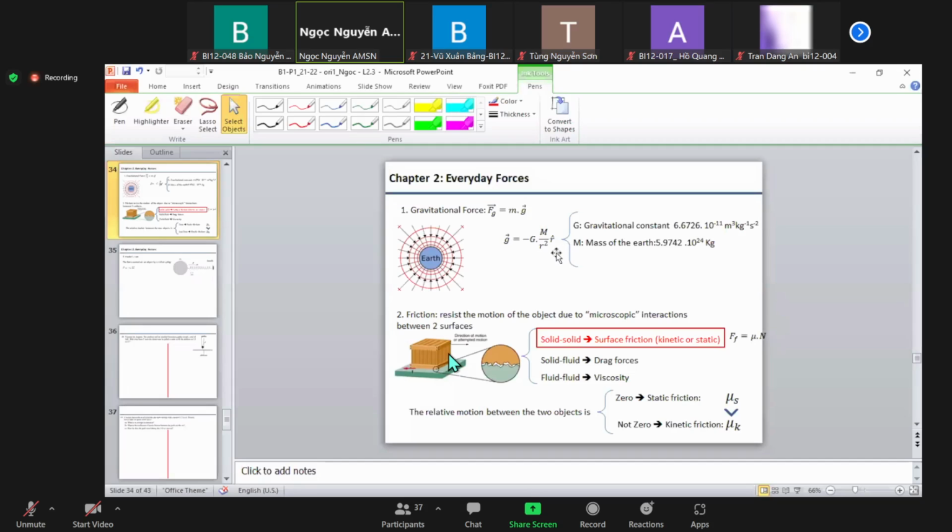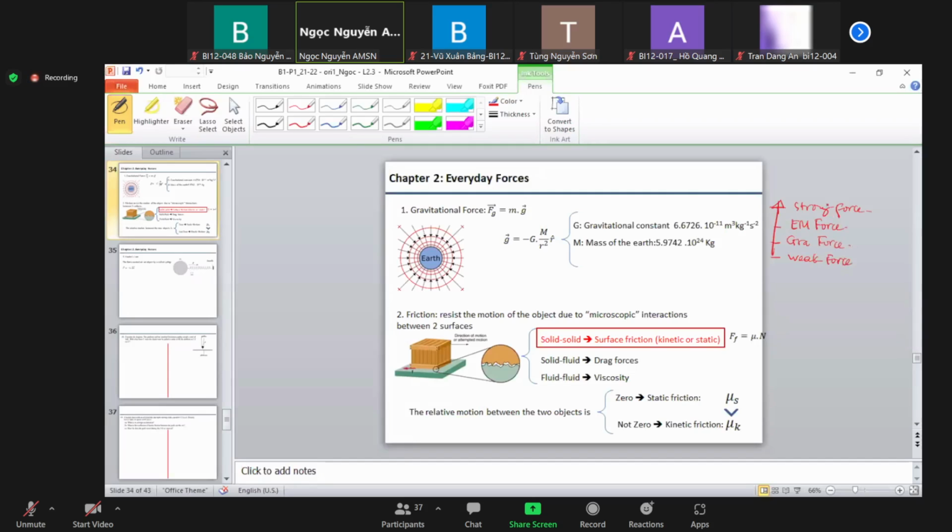In fact, we have only 4 fundamental kinds of force, okay? Here is just extra information for all of you. You have the strong force, you have the electromagnetic or magnetism force, you have the gravitational force, and the last one is the weak force, okay?